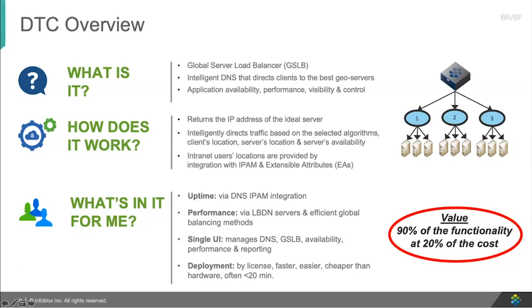So what Infoblox has done is we've taken the complex world of GSLB, global server load balancing, and taken that functionality but melded it with the ease of use and the visibility and the security ecosystem of our Infoblox Grid, right?